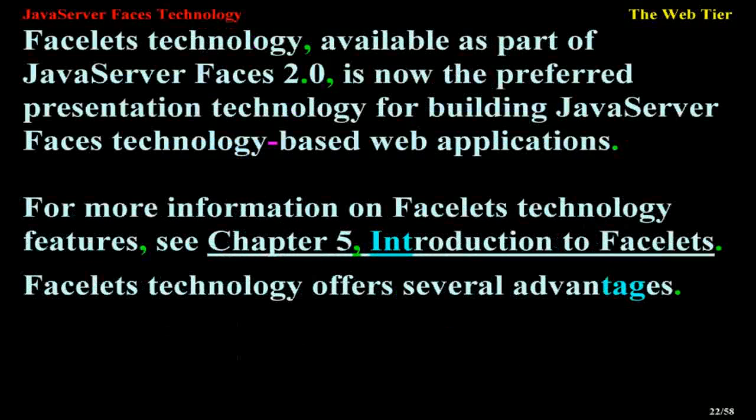Facelets technology, available as part of JavaServer Faces 2.0, is now the preferred presentation technology for building JavaServer Faces technology-based web applications. For more information on Facelets technology features, see Chapter 5, Introduction to Facelets. Facelets technology offers several advantages.